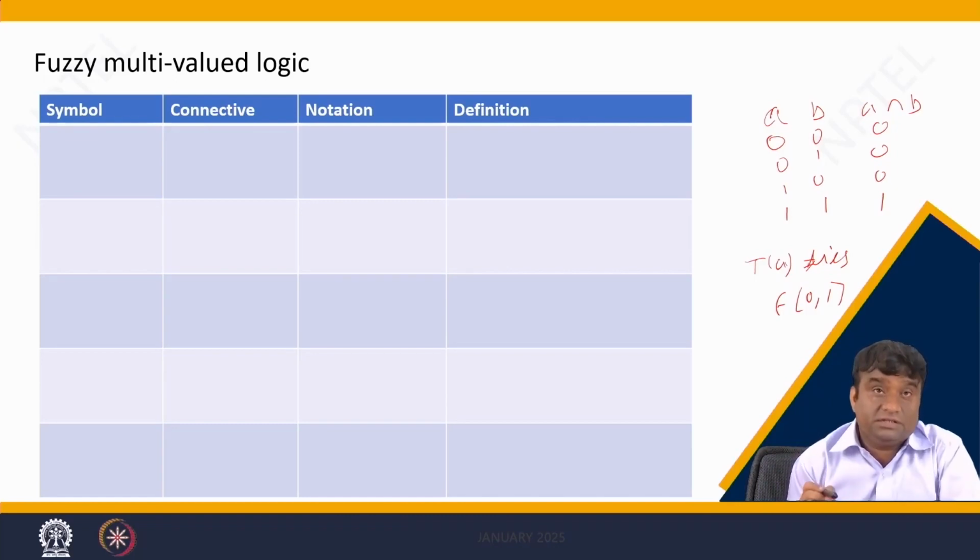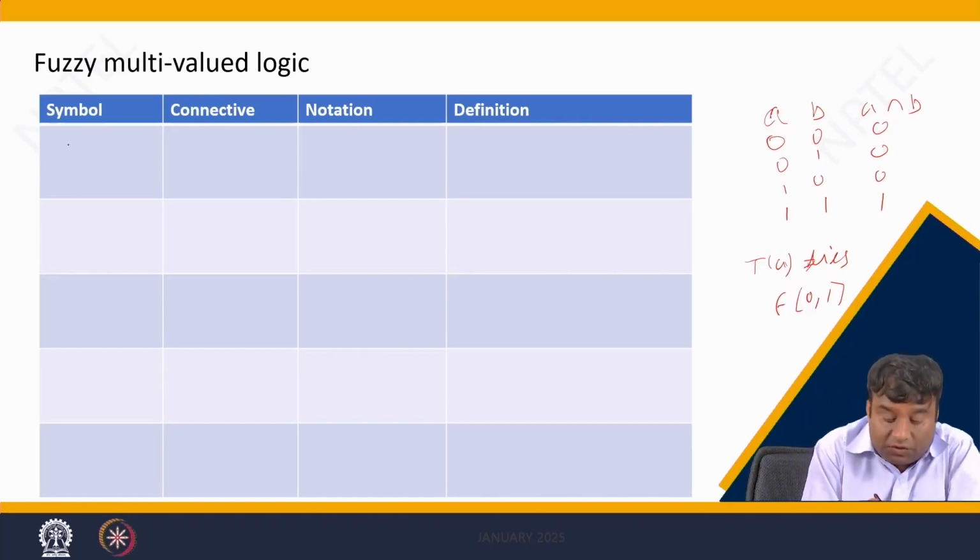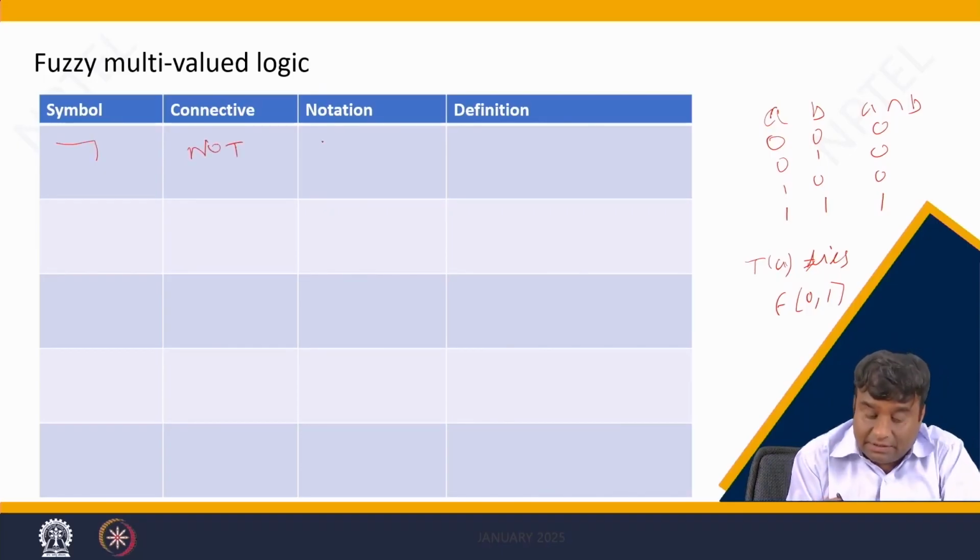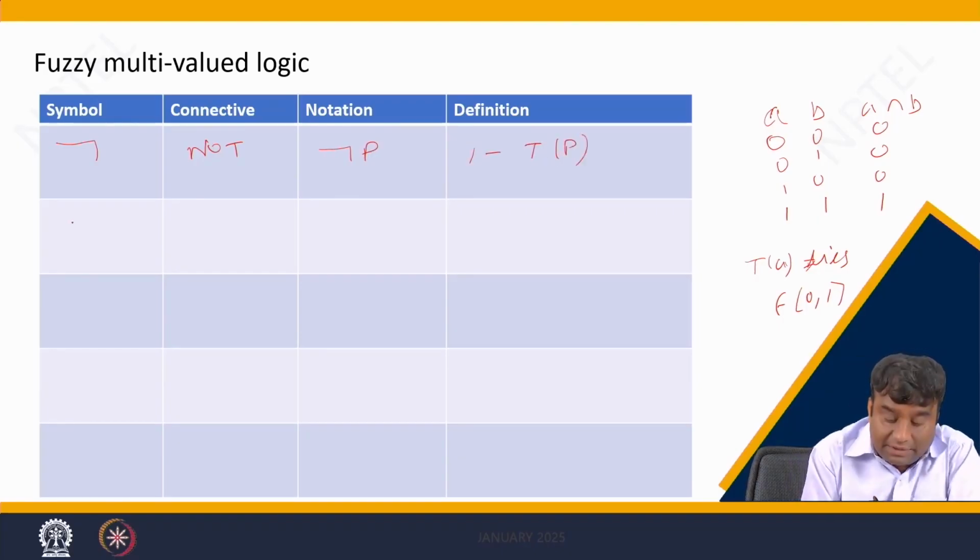Let's try to understand some symbols. The first is not, the notation you can write as not P, and the definition is 1 minus TP. TP is the truth value of P. Similarly, this is written as OR.